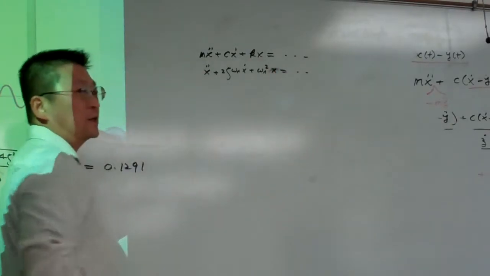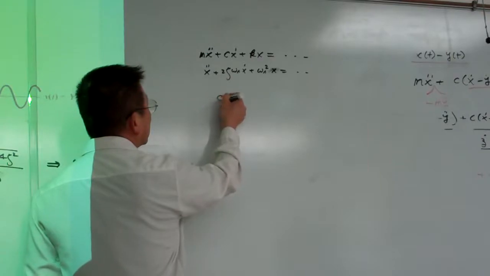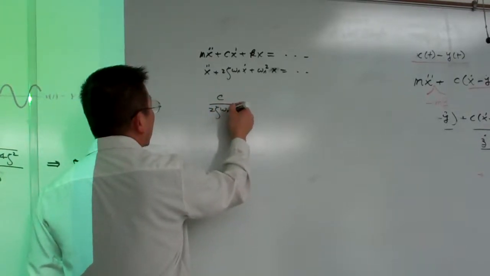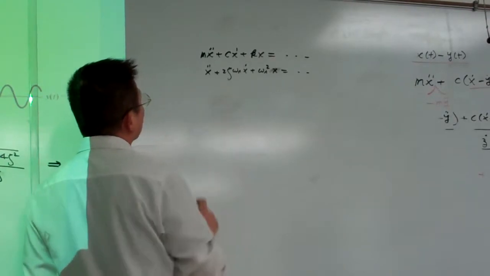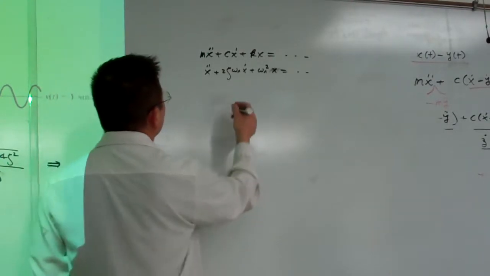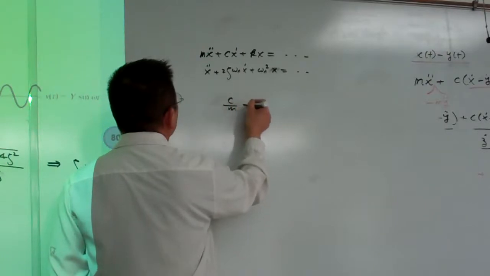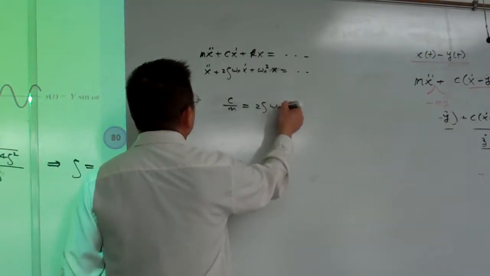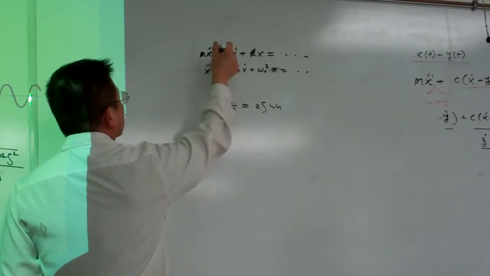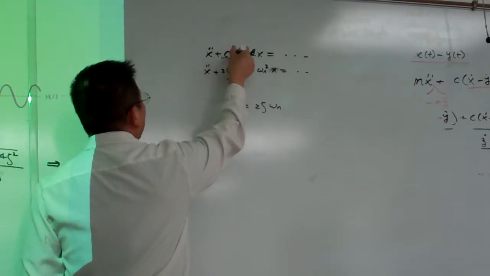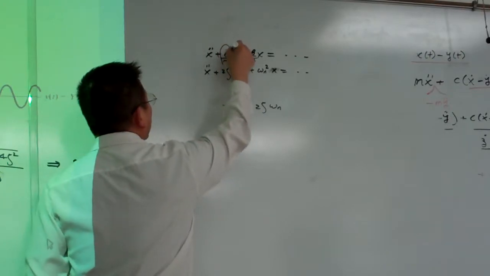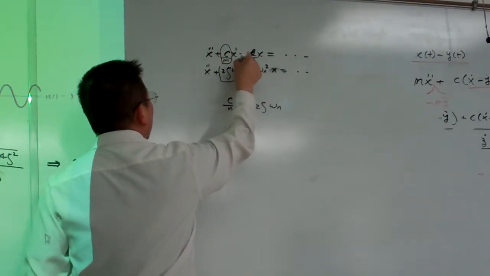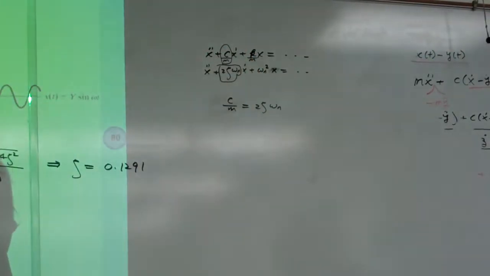I simply want to make comparisons. So how to get c? c over m equal to 2 zeta omega n. Basically this equation divided by m will be equal to this one. So I compare the coefficients and get my number for c.